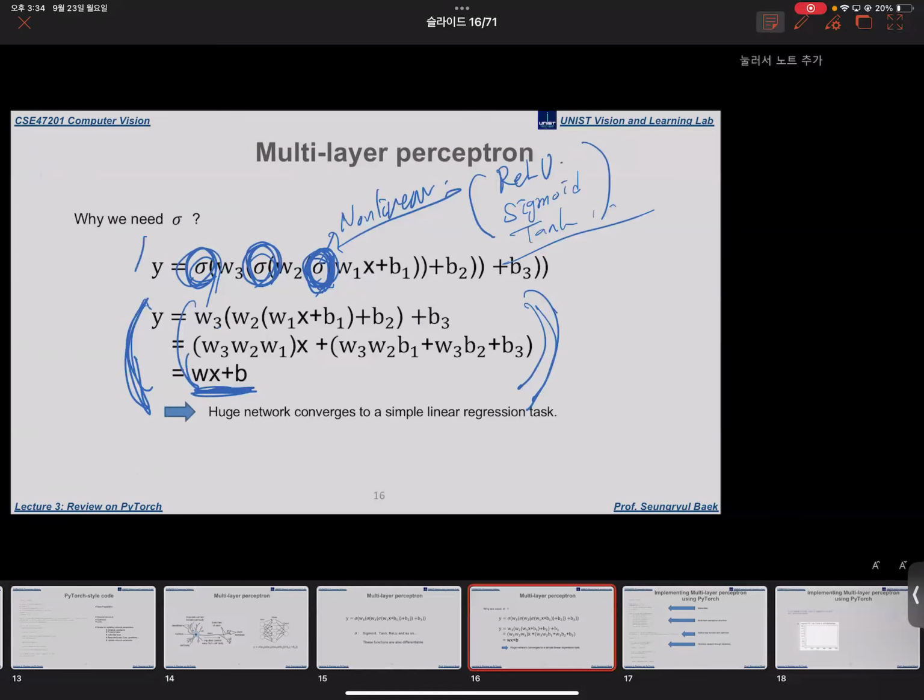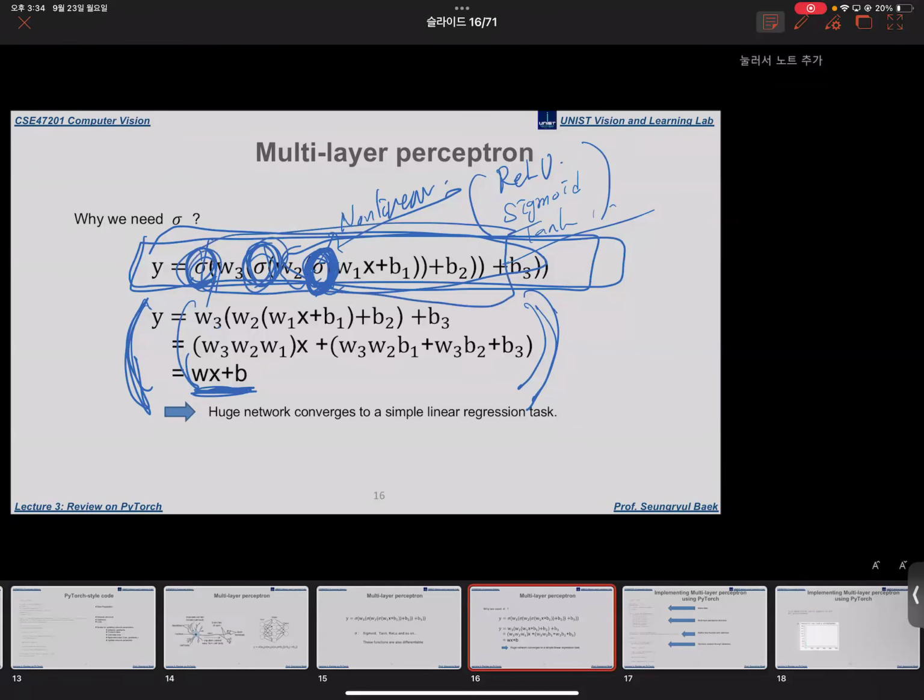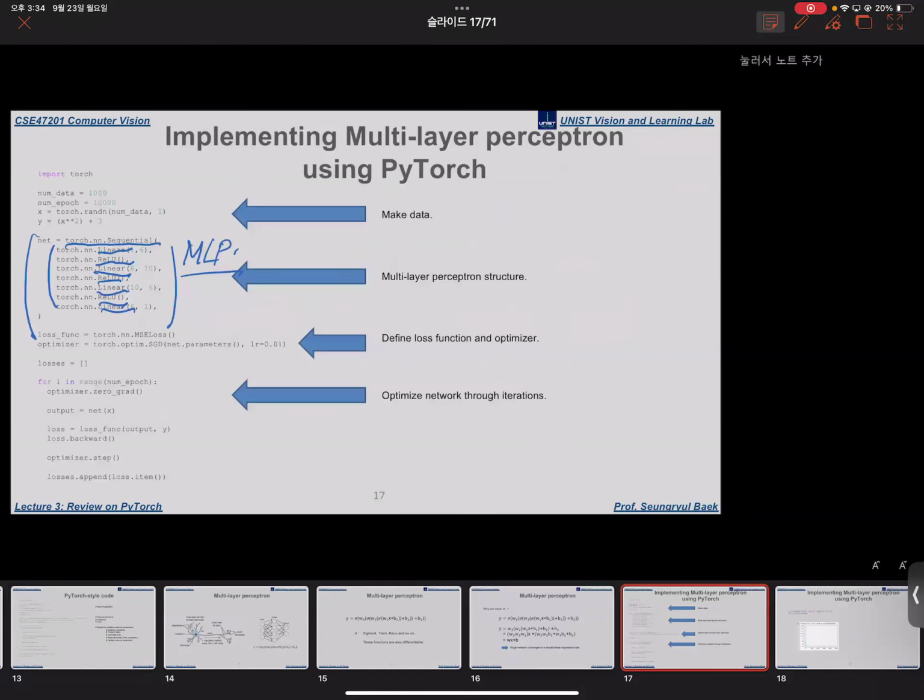So it is implementing this kind of linear, nonlinear, linear, nonlinear, linear, nonlinear operation. So when you implement it in PyTorch, it looks like this. Our network is now obtained by stacking multiple differentiable layers whose order is like this. So this is actually the MLP layers.